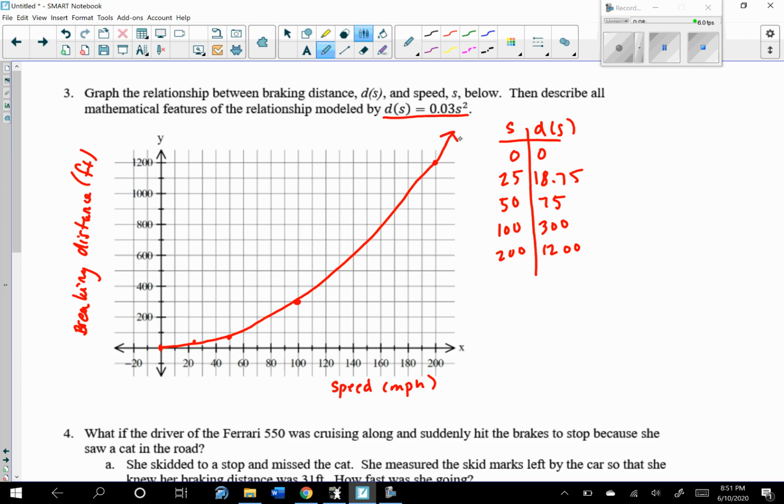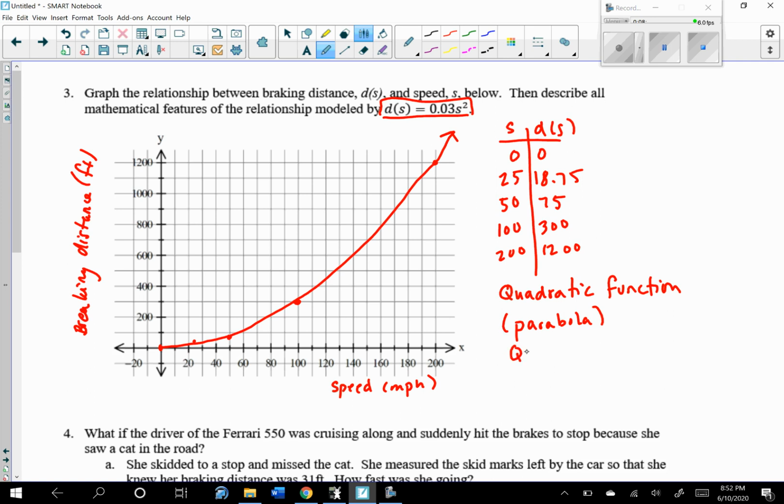So you can see that, again, just by looking at the equation and the graph, this is a quadratic function. So remember that the shape of the graph is called a parabola. And notice that we only have the first quadrant.